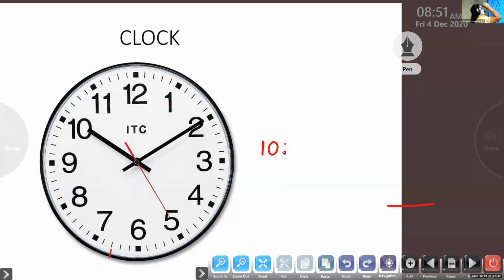After that, 2 dots. And what is the position of the minute hand? 2. Then how many minutes? 10 minutes. So you can write 10:10. This is the time in figures, in numbers. Okay.